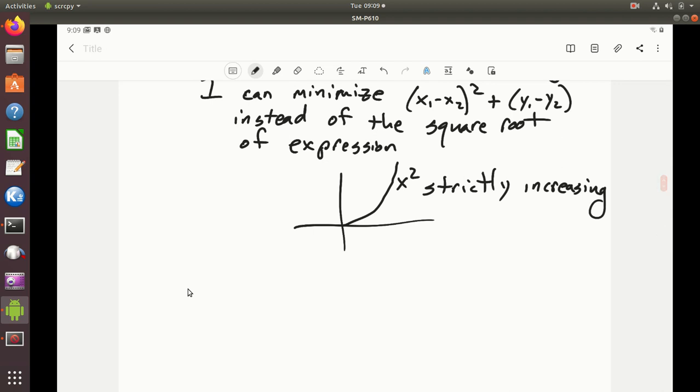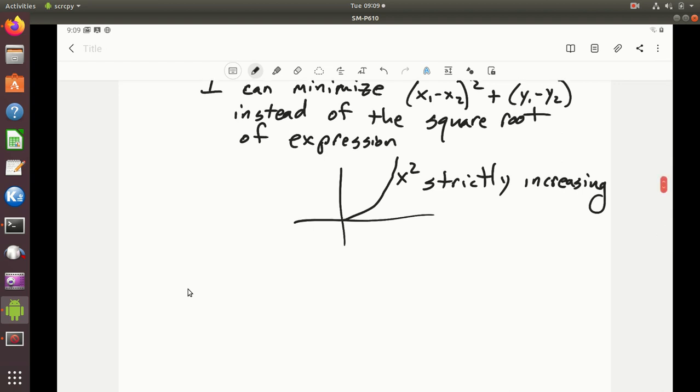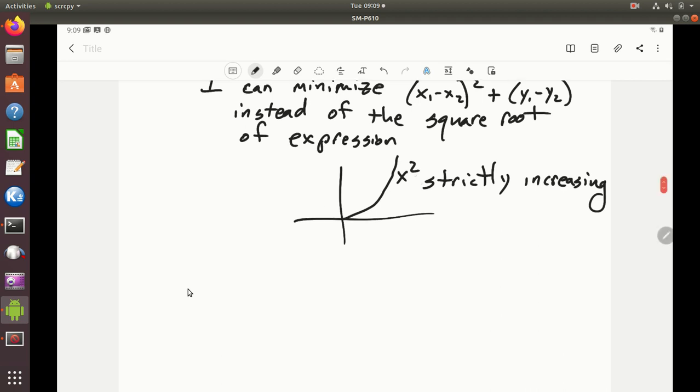Another way to see it is that I can look at the function x squared, and it's strictly increasing, and so if I want to minimize x, if I want to make x here as small as possible, I can do that by minimizing x squared.